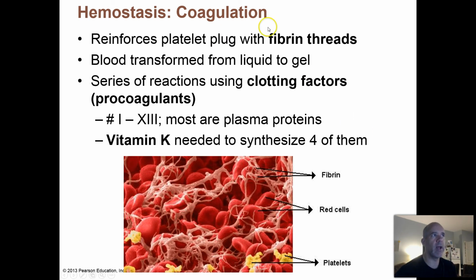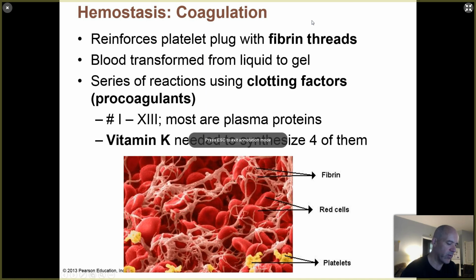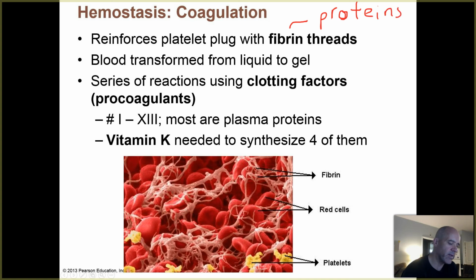All right, so blood clotting is also known as blood coagulation, and it helps reinforce your platelet plug with fibrin threads. Fibrin is a protein, so these are thread-like proteins. As you know, there are many different types of proteins in the body that have lots of different roles.